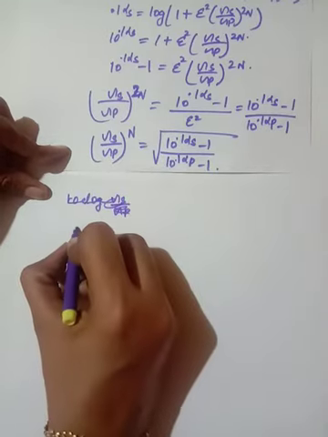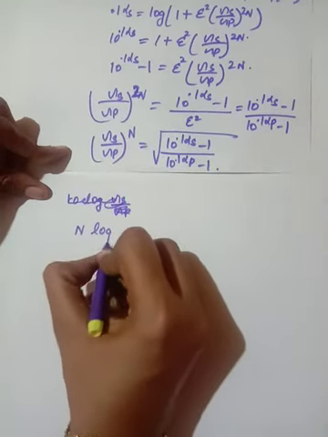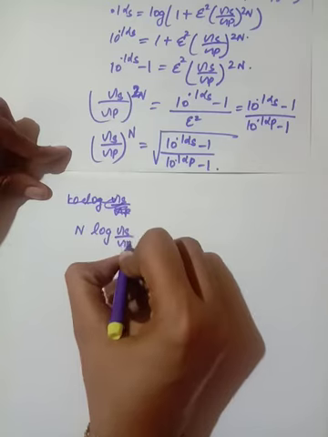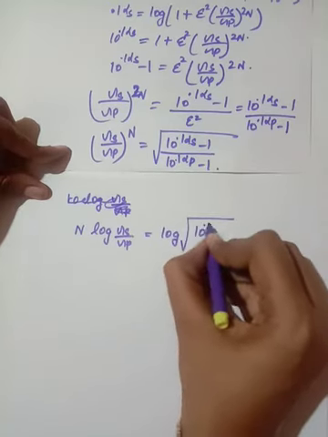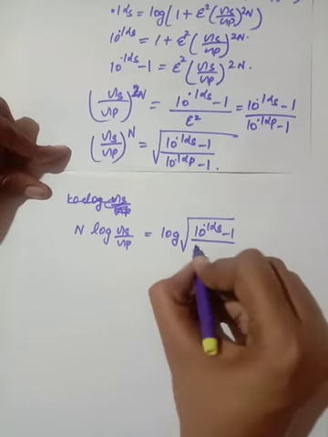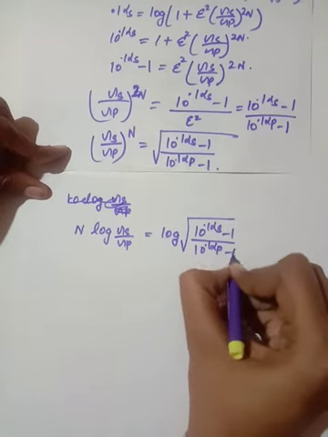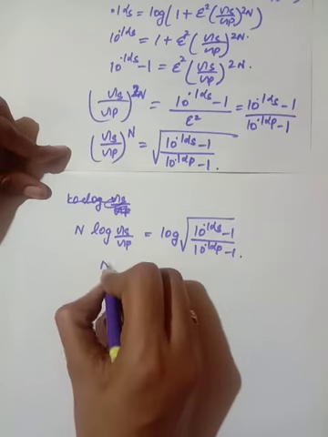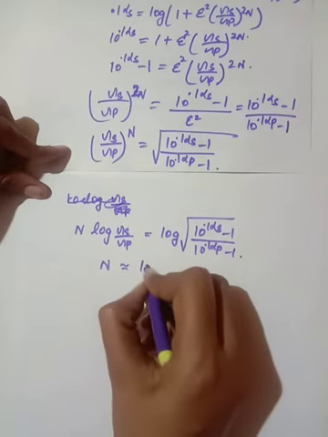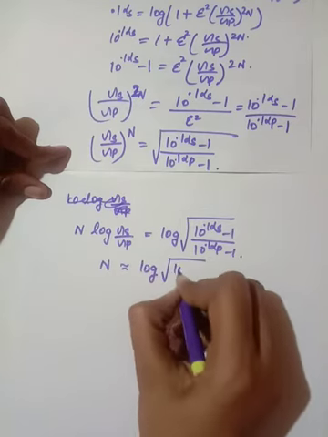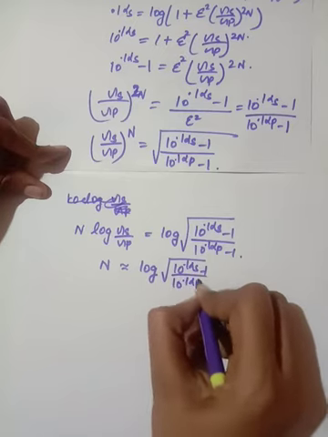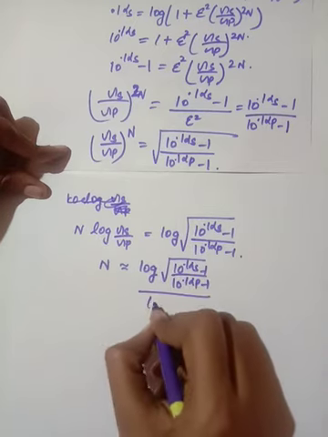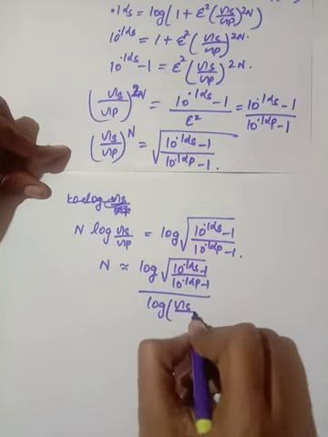So what I will get is n log of (omega s by omega p), which is equal to log of the square root of (10 power 0.1 alpha s minus 1) by (10 power 0.1 alpha p minus 1). Okay, so here n is equal to log of the root of (10 power 0.1 alpha s minus 1) by (10 power 0.1 alpha p minus 1), divided by log of (omega s by omega p).